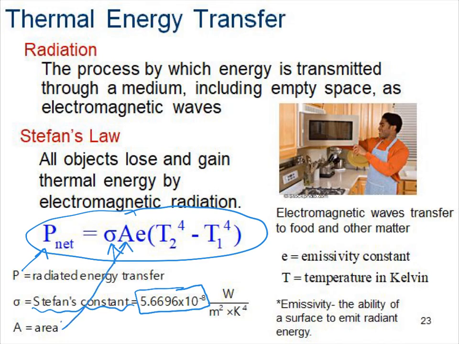Then area, and we have our emissivity constant, and that's going to be a value that represents the ability for a surface to emit radiant energy. And then this time with temperature changes, it needs to be in Kelvin. So make note of that. And it's going to be my second temperature raised to the fourth minus my first temperature raised to the fourth. Again, both of those temperatures need to be in Kelvin.